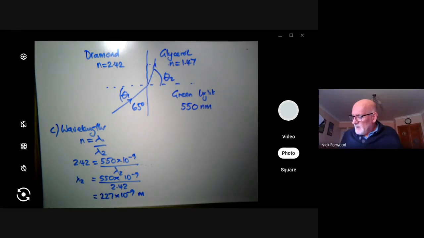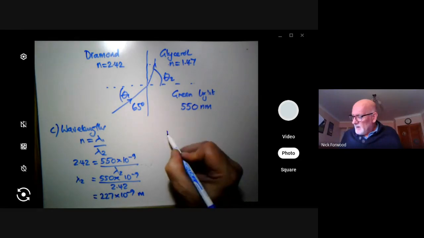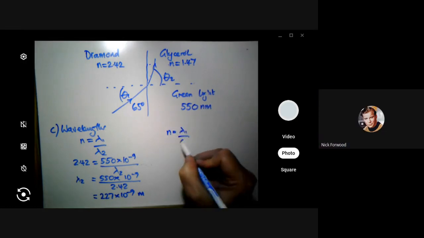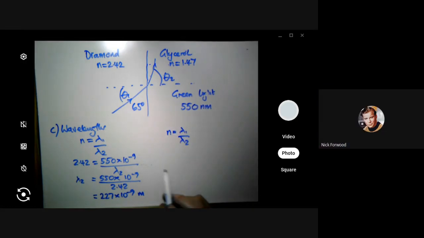Right, wavelength in glycerol, exactly the same thing. By now you're probably thinking, do I really need to be writing all this down?